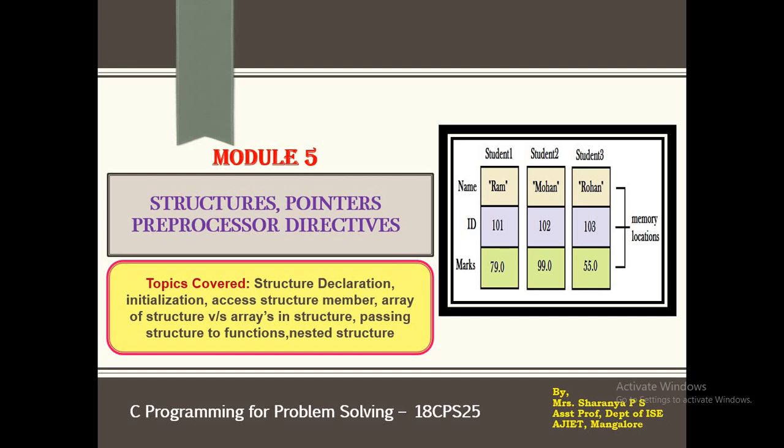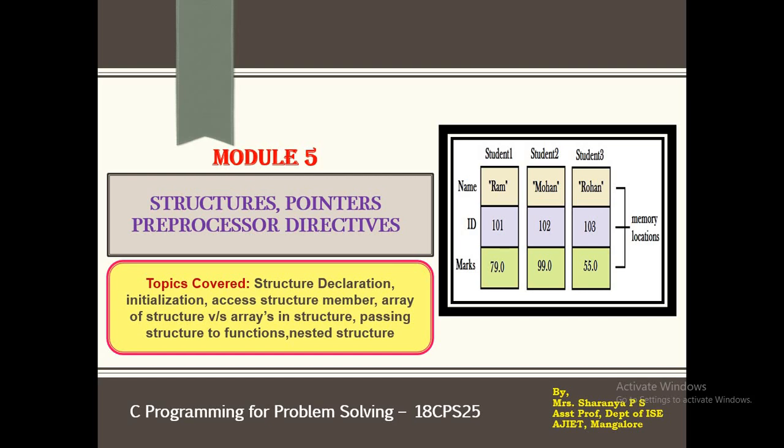Suppose the problem statement is that I want to store the complete details about the student, which will contain name, ID and marks of the student. Is it enough to store by using arrays? Like that, I want to store the details of the students present in the entire class.